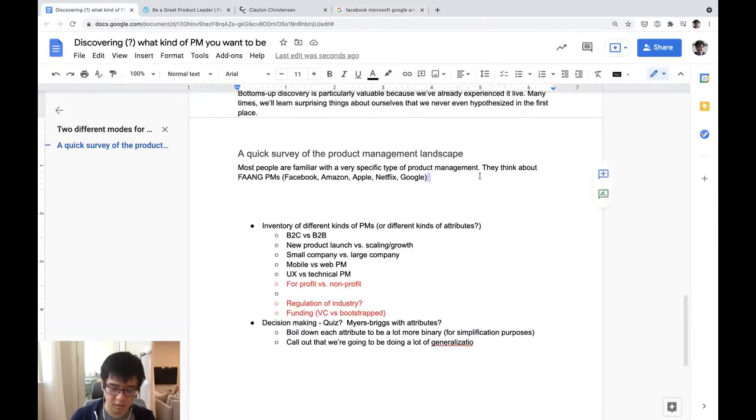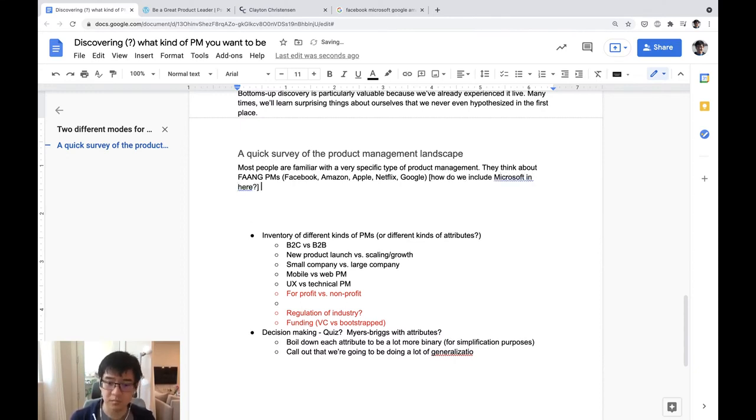I'll figure this out later. How do we include Microsoft in here? Which happens to be B2C PM at large. Focus on scaling.